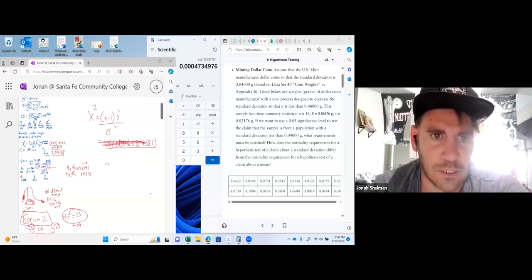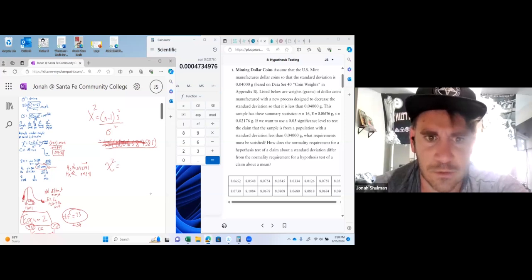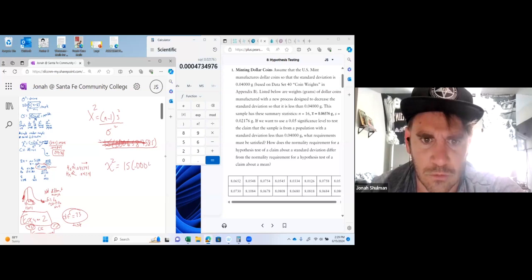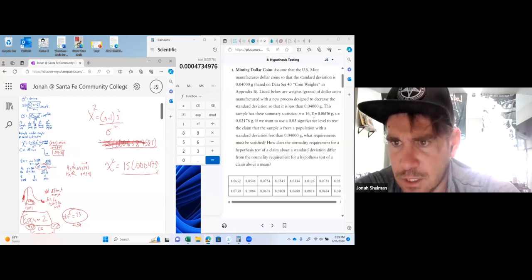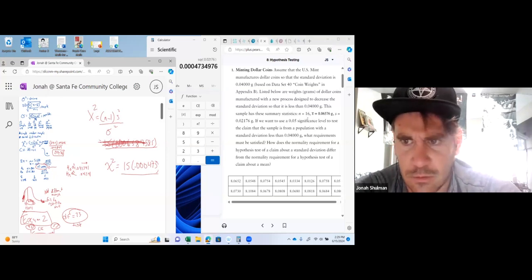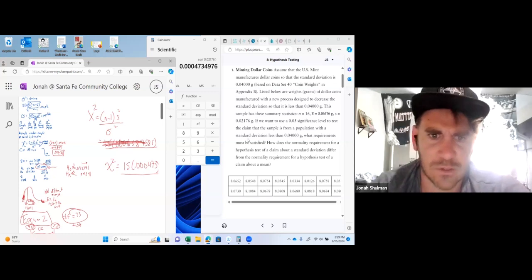So chi-squared is what? 15 times 0.00473. That is the standard deviation, so we have to square this.